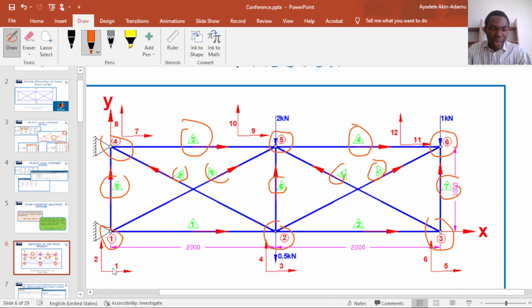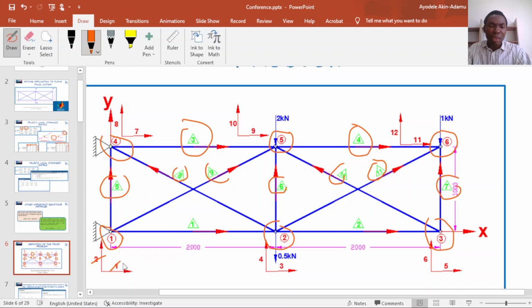Like node 1 has 2 degrees of freedom, degree of freedom 1 and degree of freedom 2. We can see here that degree of freedom 1 is pointing in the horizontal direction and degree of freedom 2 is pointing in the vertical direction. You should always number the degree of freedom in the horizontal direction at a node first before the vertical degree of freedom. This is good practice.